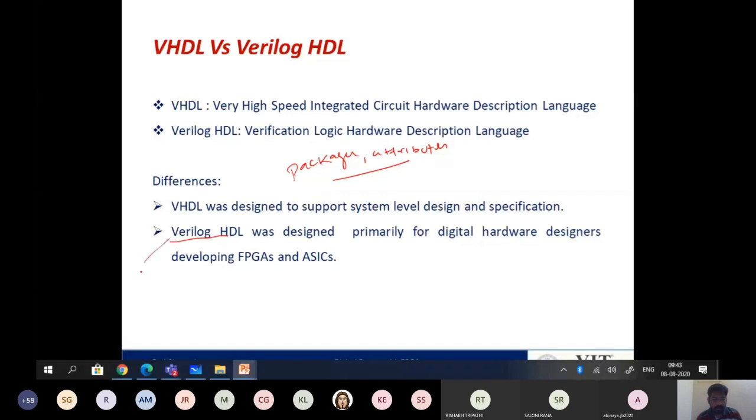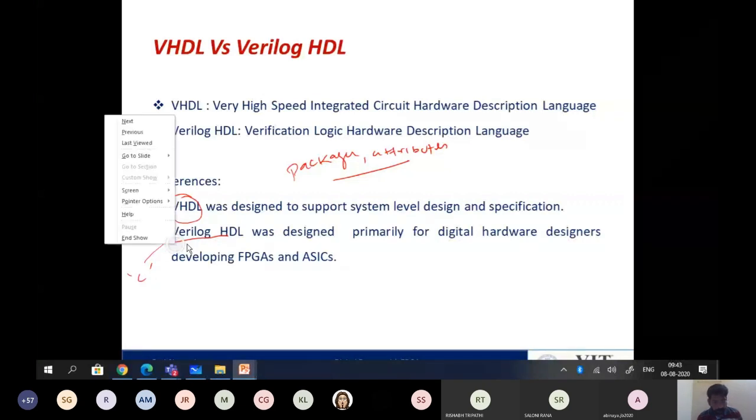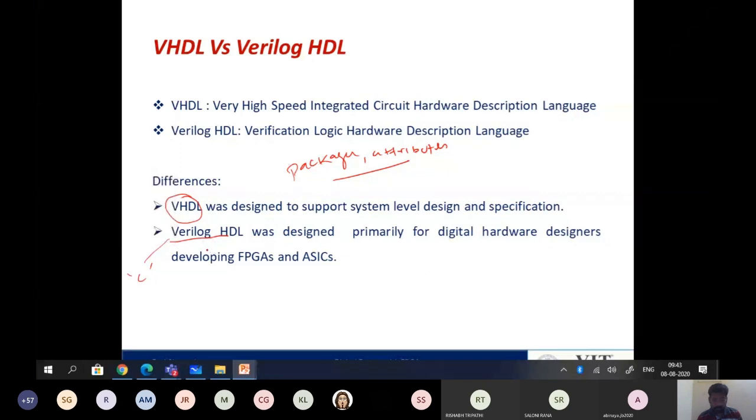And the syntax of Verilog is similar to C, close to the C language. Generally they say that for a complex design, it is easier to implement using VHDL. It doesn't mean that we cannot do it in Verilog, but there are a few difficulties in terms of language constructs. But still, you can do it with Verilog HDL also.